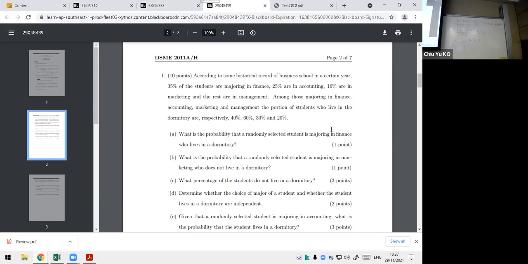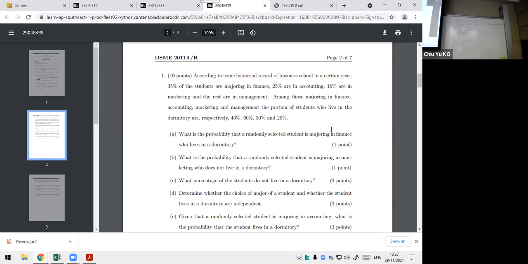There are two ways to approach this question. One, we can find the probability of dorm and take the complement, using this formula. Or you can directly find this one.